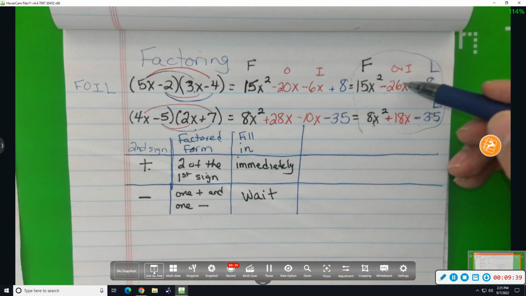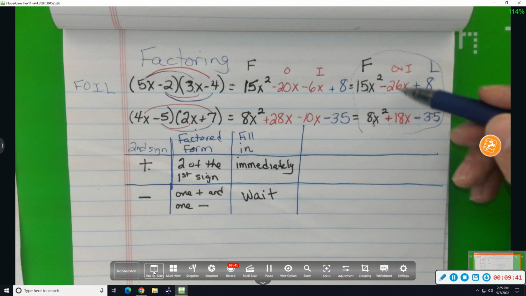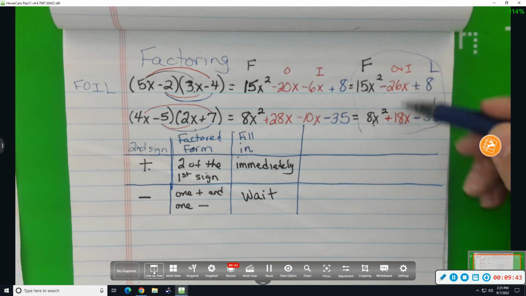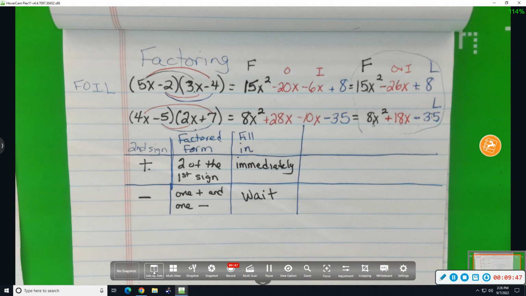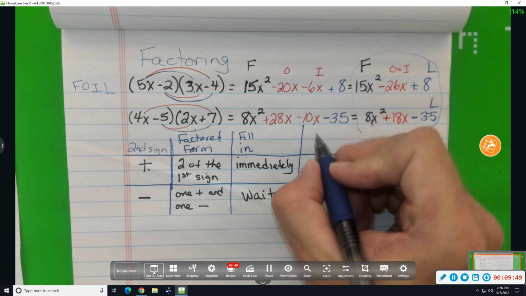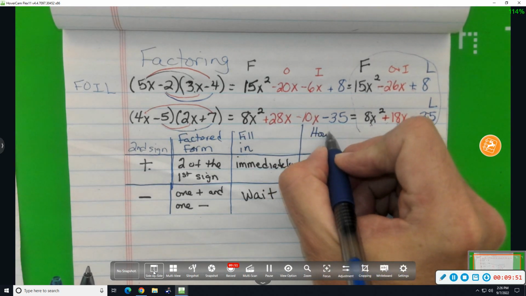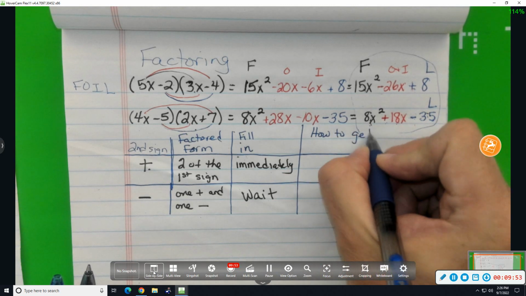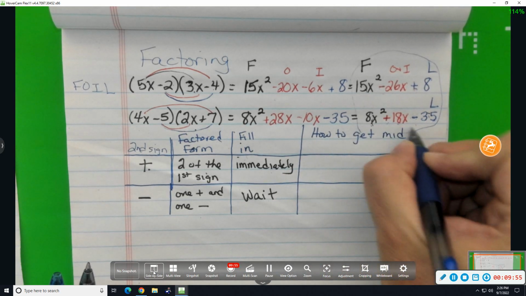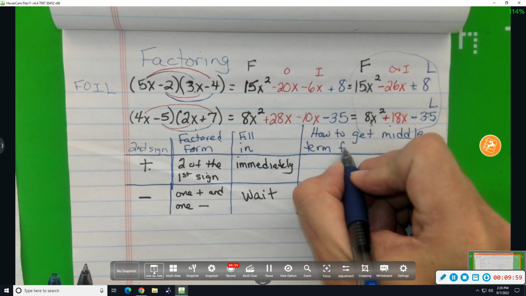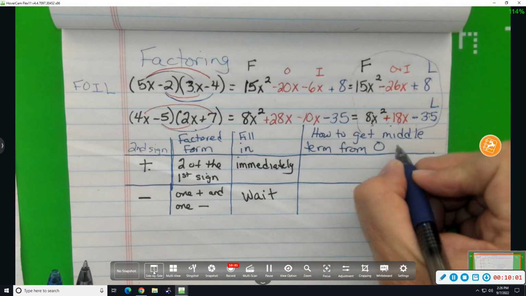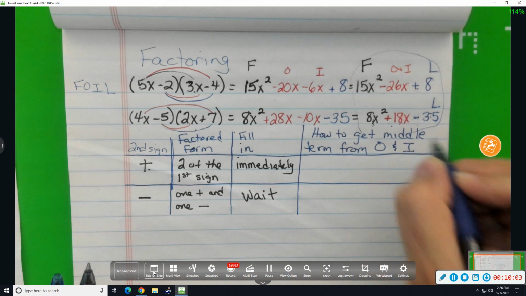Now, looking at this middle term here, how do we get this middle term from the outer and inner terms? How to get middle term from outer and inner.